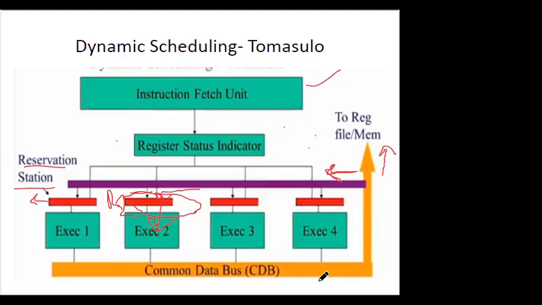Then the execution unit which was waiting can be operated, and this value can be updated on this common data bus. As this process is performed during the execution of the program, this is known as dynamic scheduling.